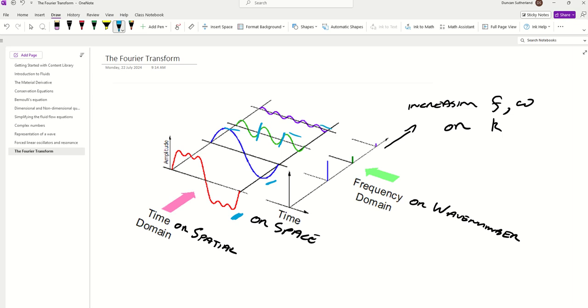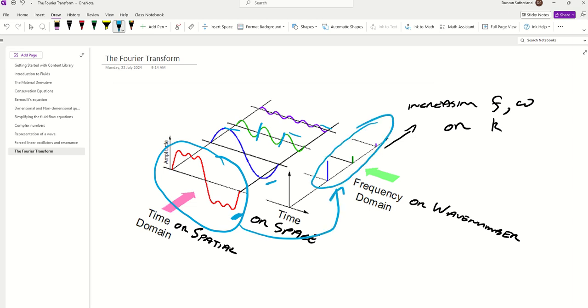What happens is the Fourier transform you can think of as taking this red signal and returning this spectrum here. What you're returning is essentially the amplitudes of the different waves that you're superposing to get your original signal.